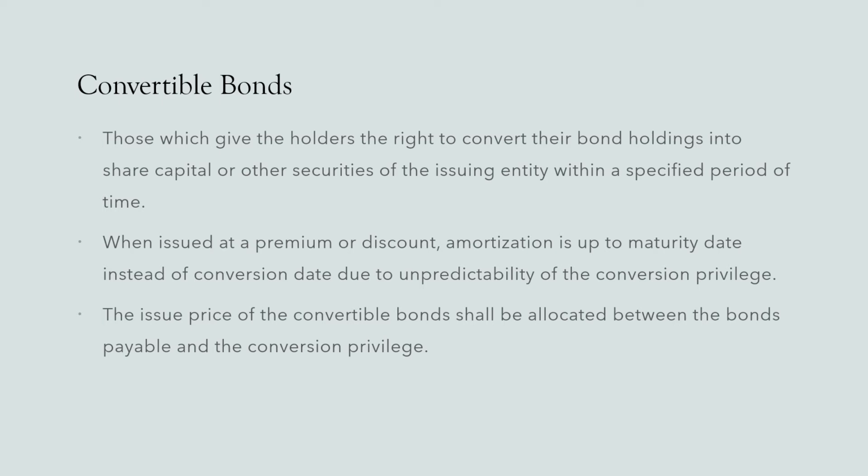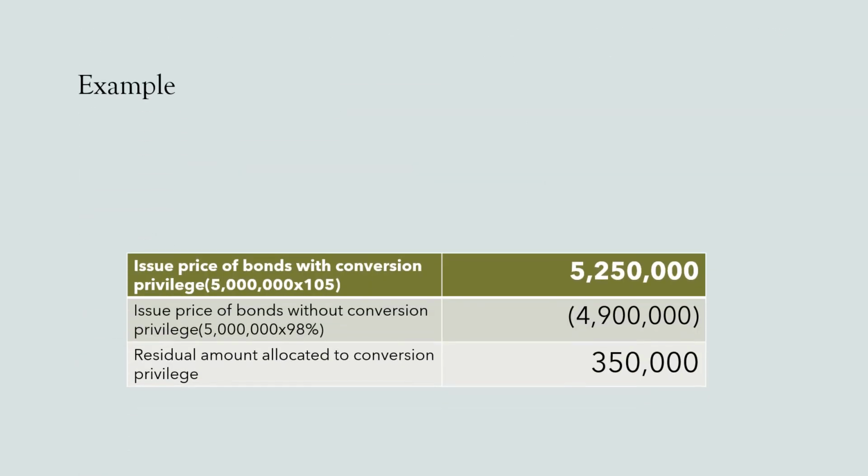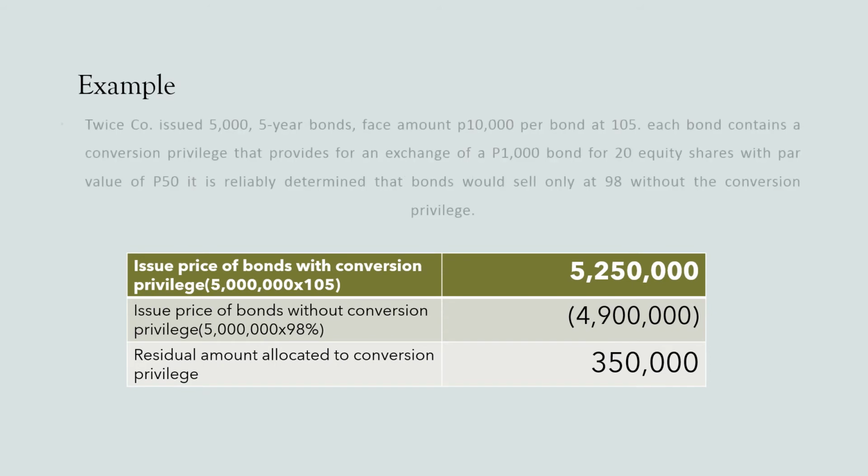So, let's try this problem. Alam natin kung magkano yung fair market value pag walang conversion privilege. Ibig sabihin, madali lang siya. So, we have 5 million times 105 equals 5,250,000.